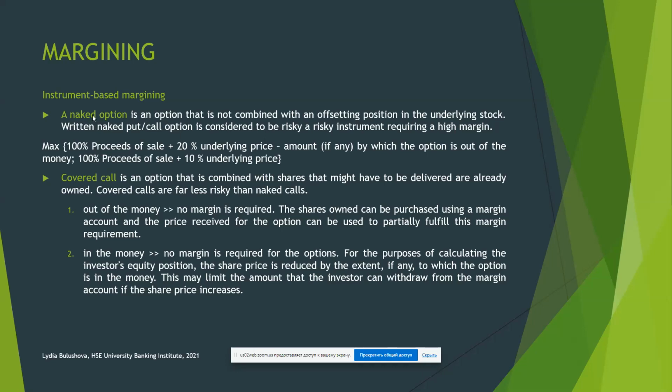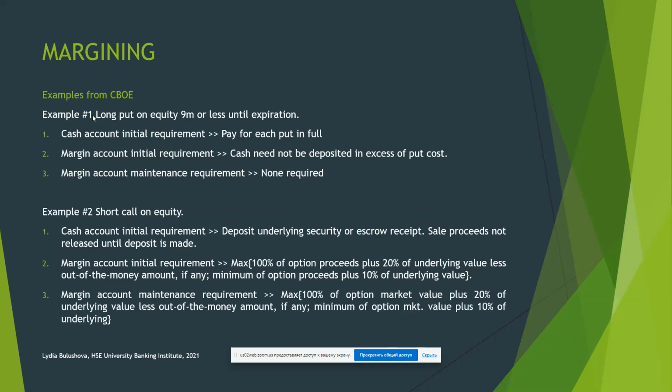Any questions? Okay. So here I've got a couple of examples from CBOE, that's Chicago Board Options Exchange. If I have a long put on equity with a 9-month term, lasting until expiration, the cash account initial requirement is to pay for each put in full.